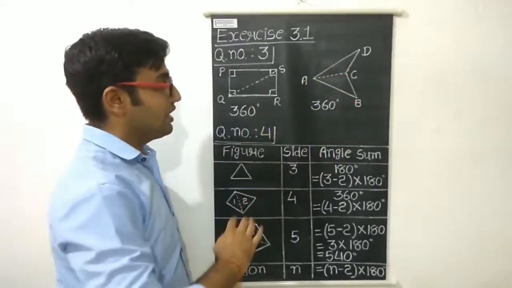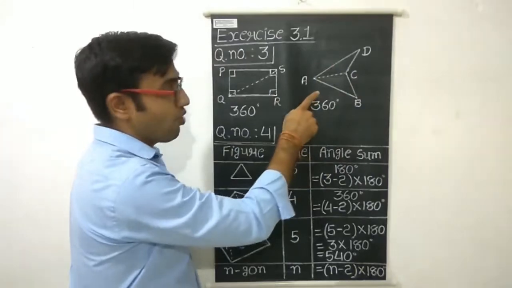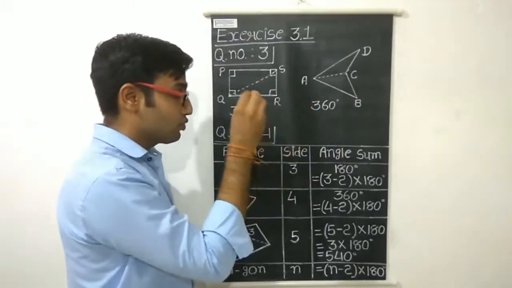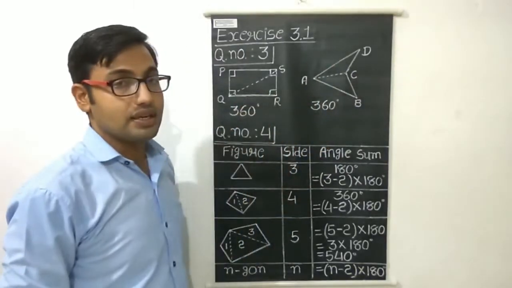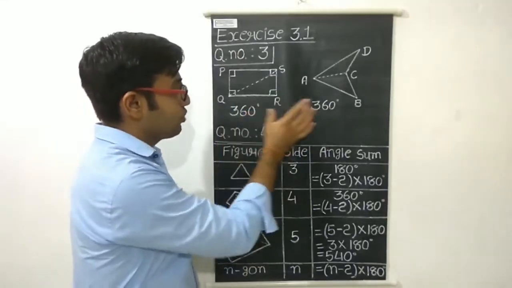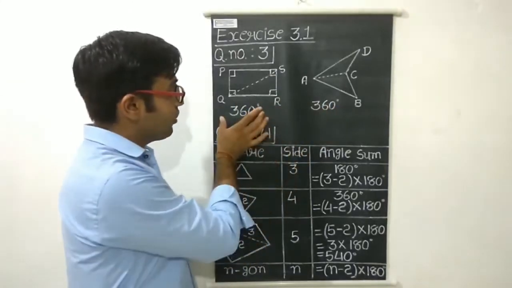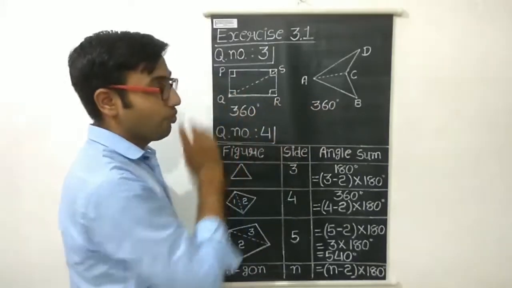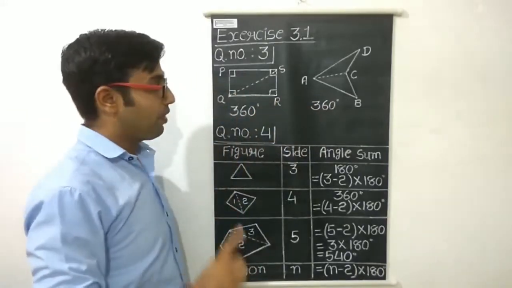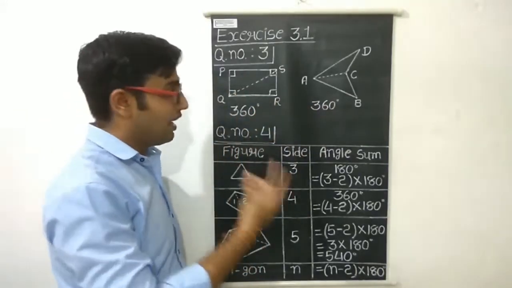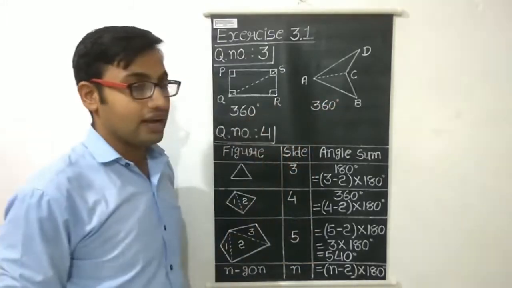So yes, we can say that the angle sum property of a concave quadrilateral is also 360 degrees. This property holds true for both concave and convex quadrilaterals. The angle sum property of a quadrilateral is applicable to both these diagrams.